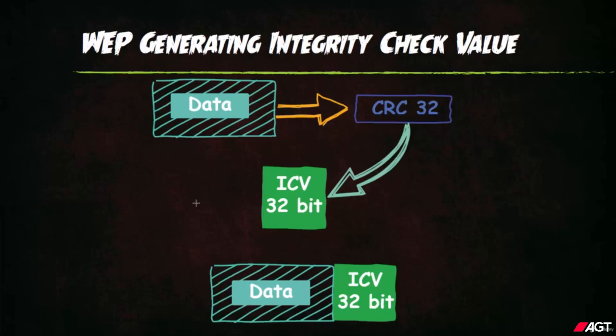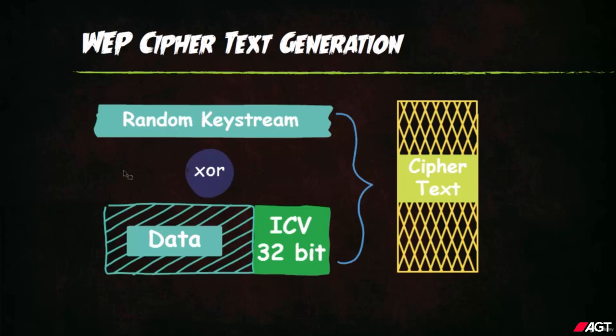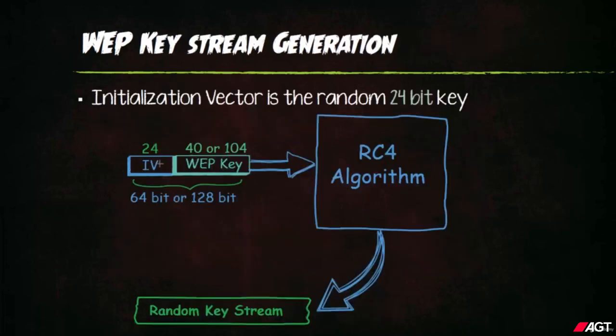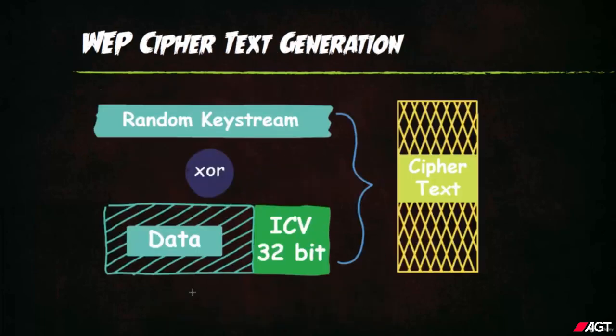If we put the same data in again and again, we will get the same ICV value. Then we combine this data with the ICV value. In the third step, we generate ciphertext using the random key stream, which we generated using the WEP key and the IV, the initialization vector, passed into the RC4 algorithm.